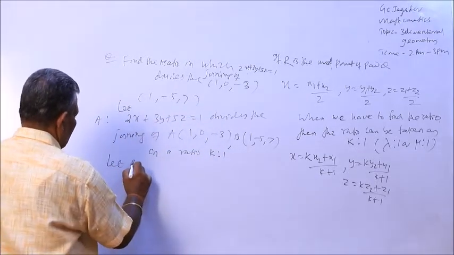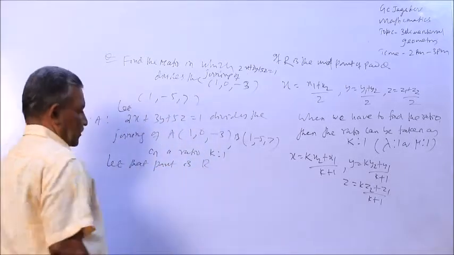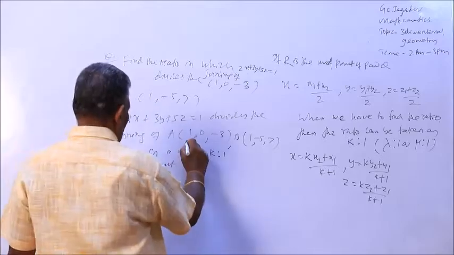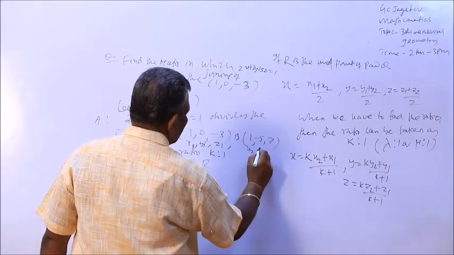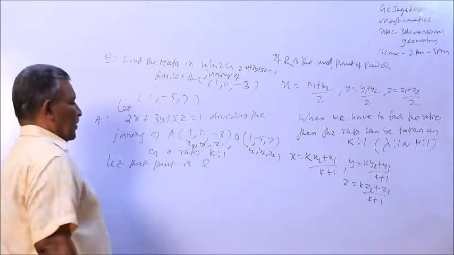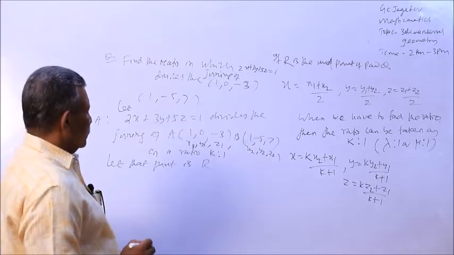Let that point be R. So the coordinates of A are x1, y1, z1 and the coordinates of B are x2, y2, z2.